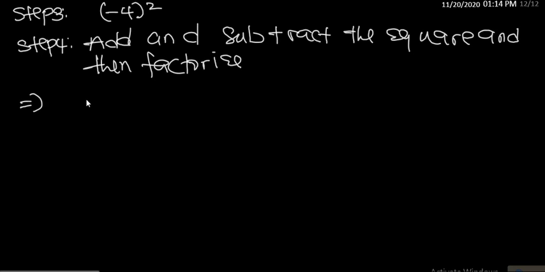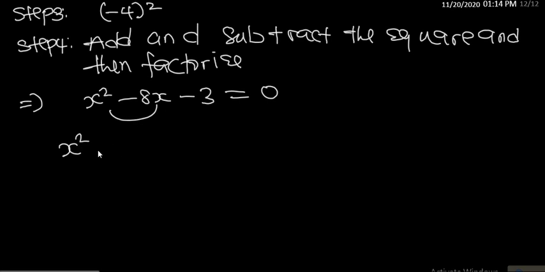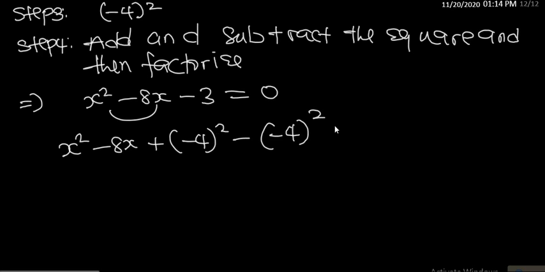So the equation we have rearranged is x squared minus 8x minus 3 equals to 0. We are completing the square of this. So that will give us x squared minus 8x plus the square minus the square. Always add before you subtract, please. Then minus 3 equals to 0.